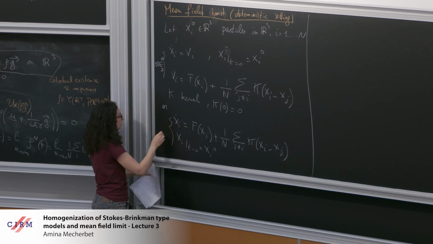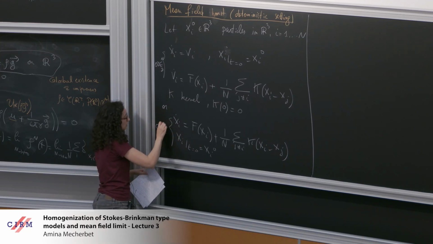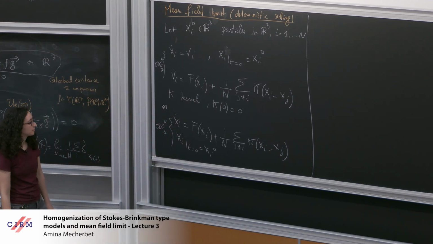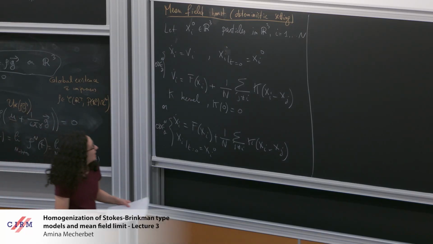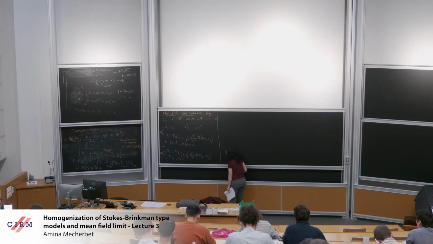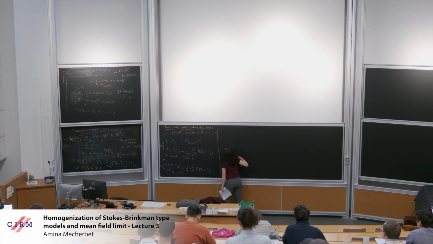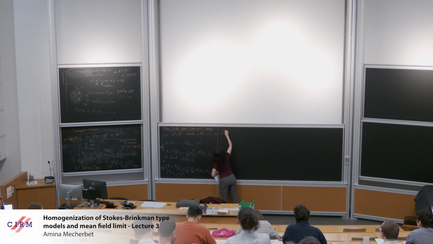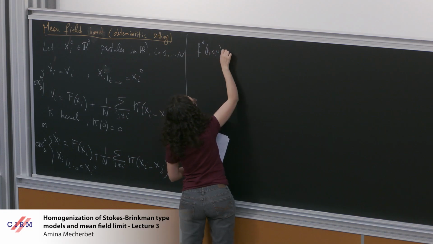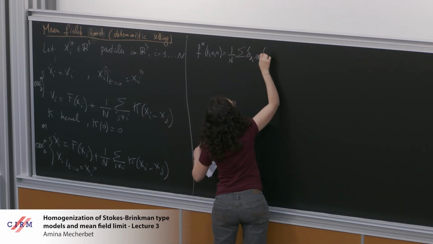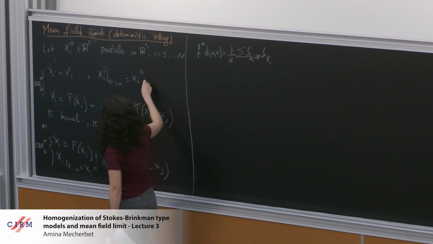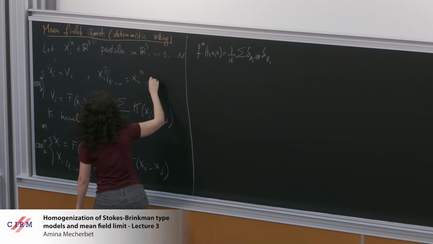So I will call this ODE1. So it's a first order ODE. And so let's define the empirical measures. So for the first setting, as you can see, you will need to take into account both positions and velocities. Sorry, here you also need some velocities, right?